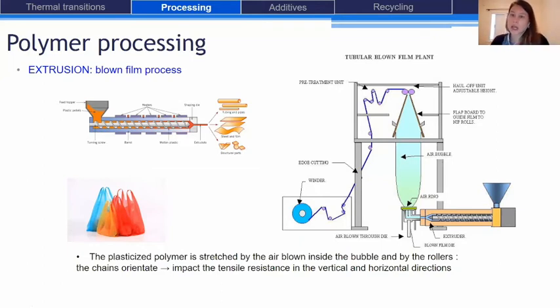And at the same time, since we have the two rolls on the top of this bubble that push this bubble vertically, we also have a pressure that aligns the macromolecules in a vertical position. So some of the chains are aligned perpendicularly and some of them horizontally.